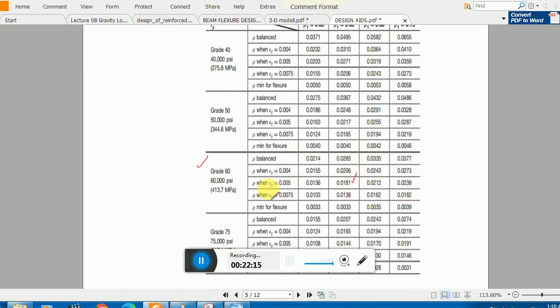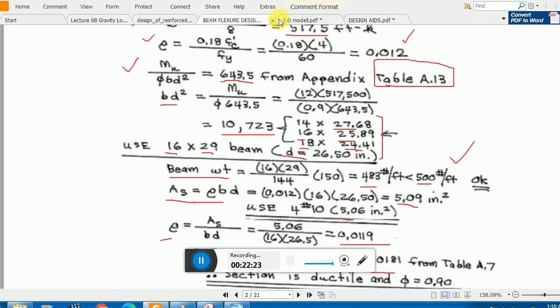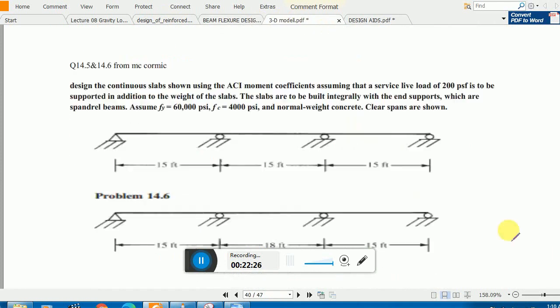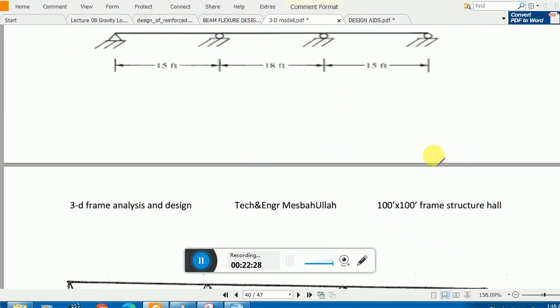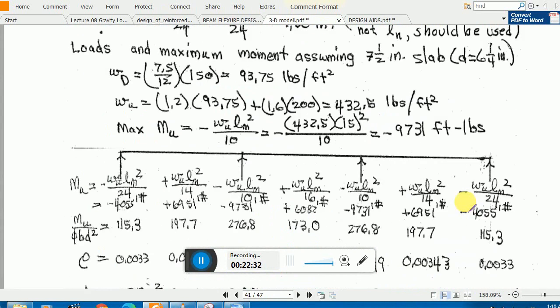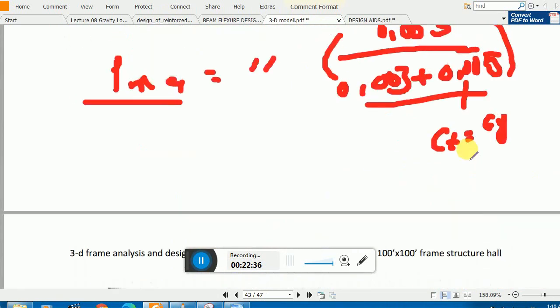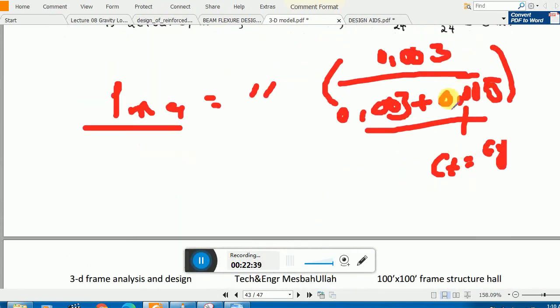Remember the value which is against epsilon t, I already explained in the initial stage. If in the rho b equation you replace the 0.002, which is the actual value, by 0.005, then your rho b becomes rho max, remember.